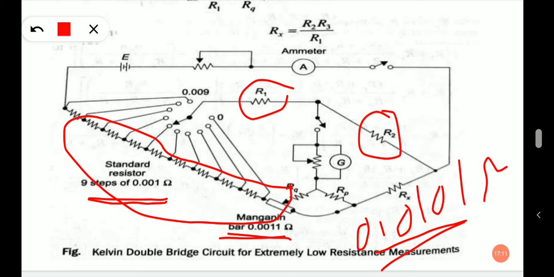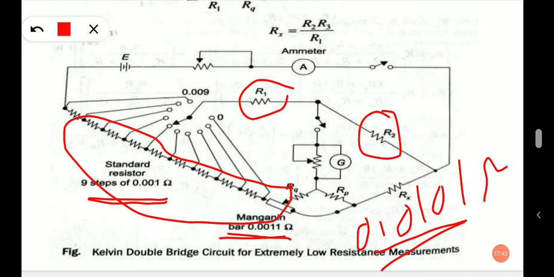If both contacts are switched in order to select an appropriate value of standard resistance, the voltage difference between the points of connection of the ratio arm gets varied. This does not alter the total resistance in the battery circuit.